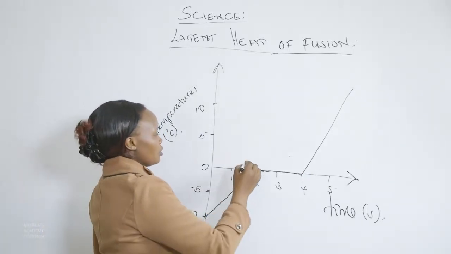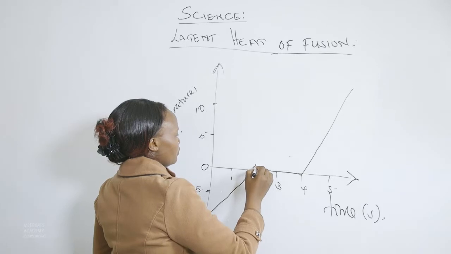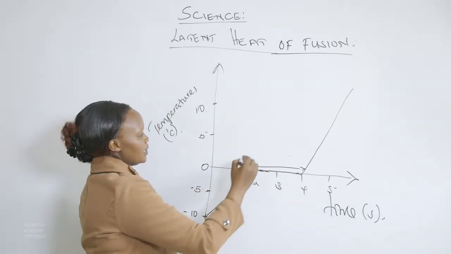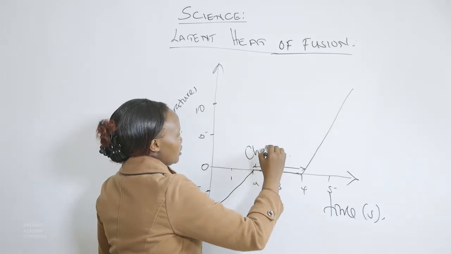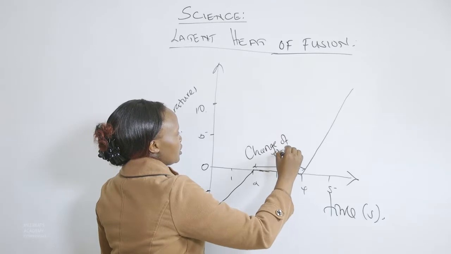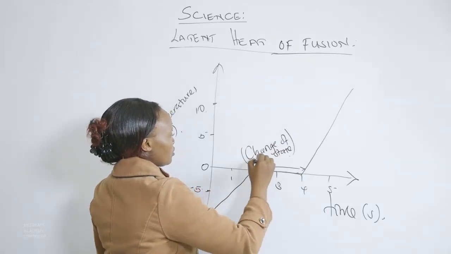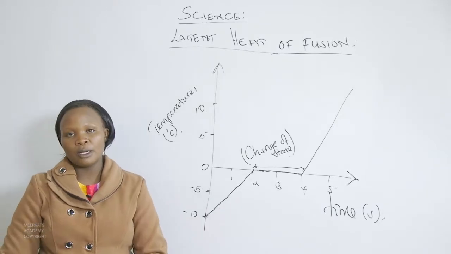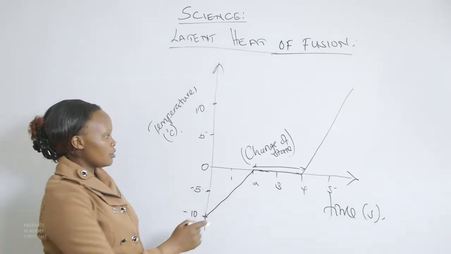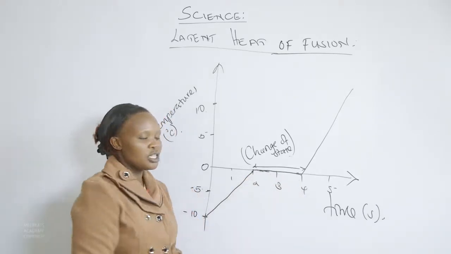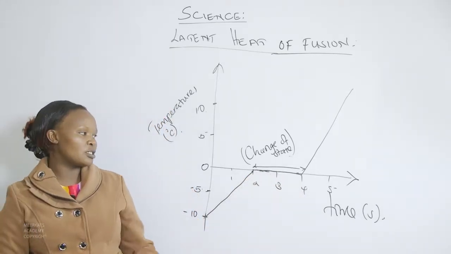Now at this particular point here, we are changing state. Here we realize change of state of the ice, from a solid to a liquid, or rather you could talk about melting at this point. So it doesn't mean that because there is no change in temperature we are not supplying heat.